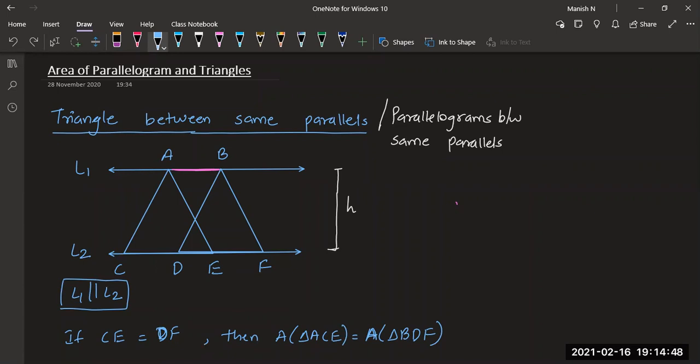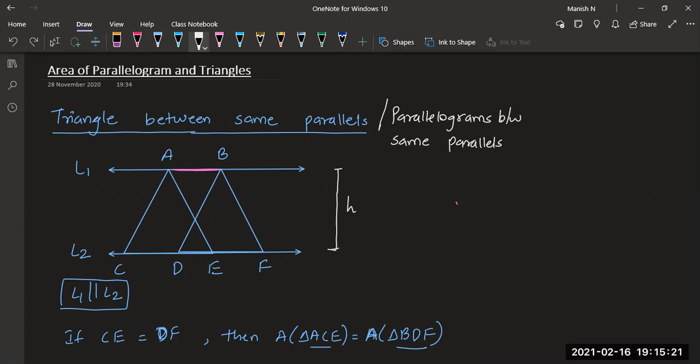Now when you draw two triangles between these two parallel lines, triangles between the same parallels, which means you draw triangle ACE and triangle BDF, we can clearly see that they will have the same height, because they are between the same parallels.